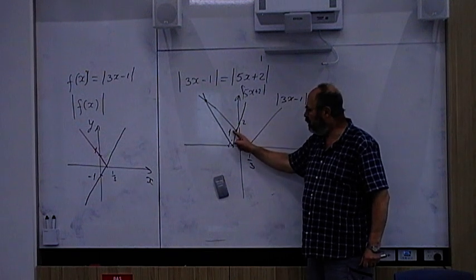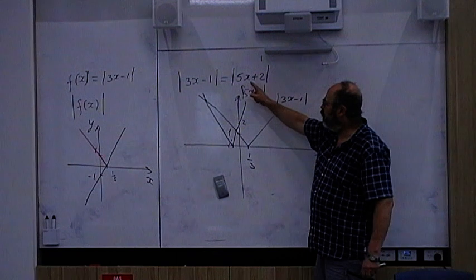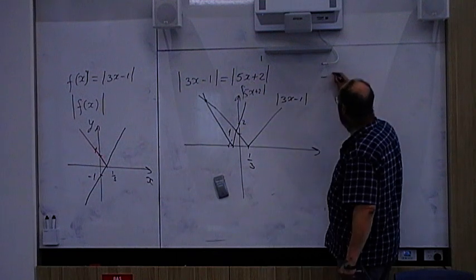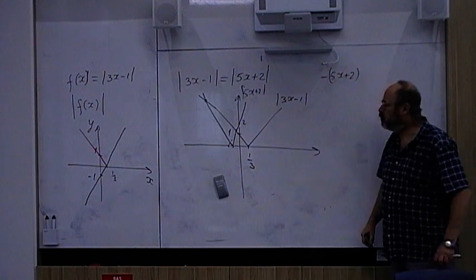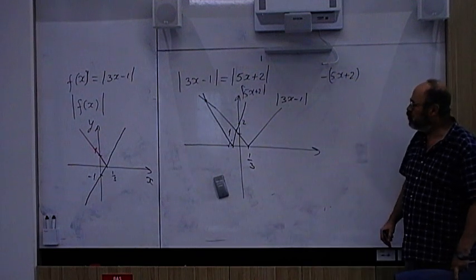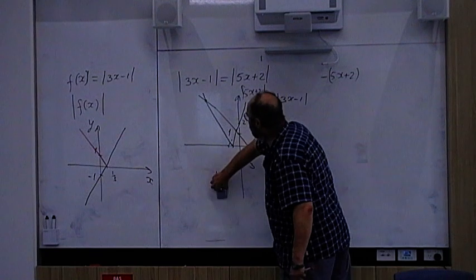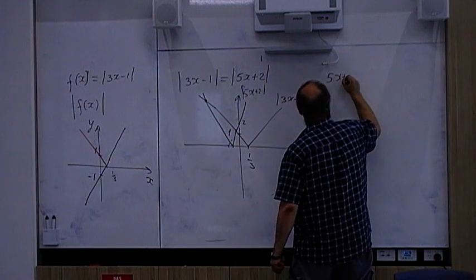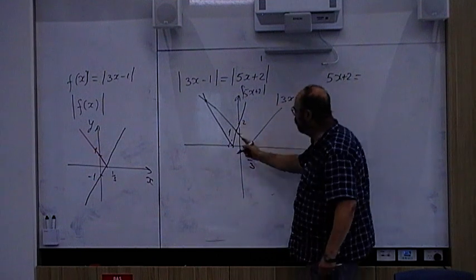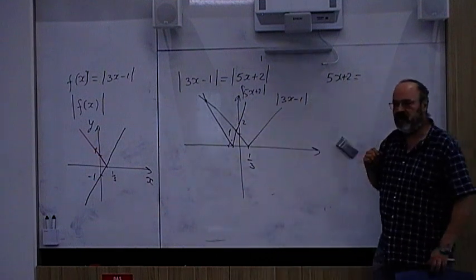So how can we find this point? This branch, 5x plus 2, is positive, so we don't change the sign.